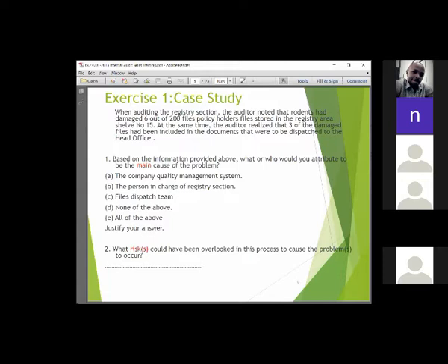So in their risk assessment, they will have determined that if the system is there for having somebody contracted as a pest control service provider, and if the system is good enough, maybe there will be a checklist where they keep on checking the stores. You can pass through there, but if the system is not asking you to highlight those kinds of things, you can easily miss them out.